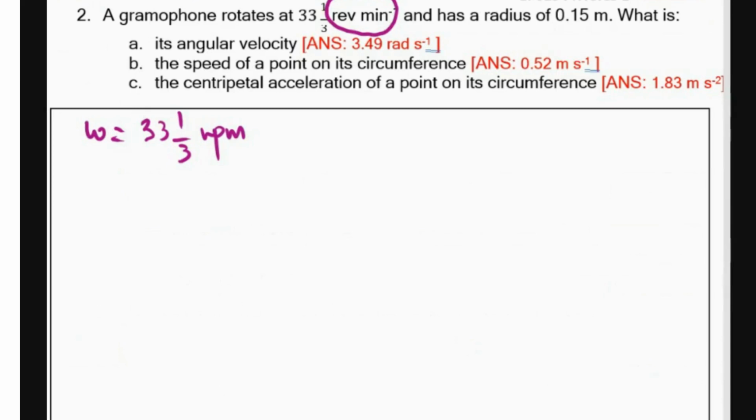So here you can convert it to radians per second. 33 1/3 is equal to 100 by 3, because you multiply 33 by 3 and then plus 1. So you get 100 divided by 3, in revolutions per minute.